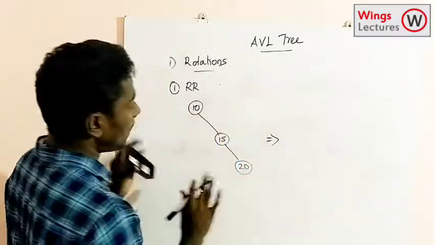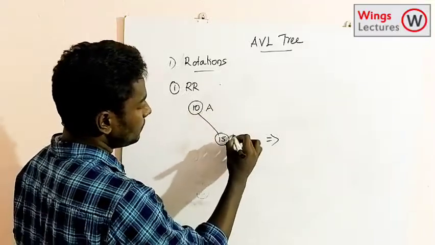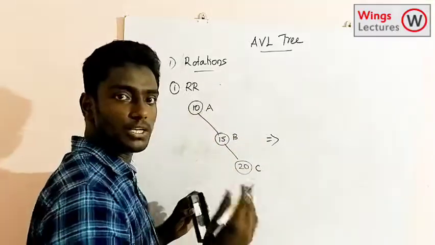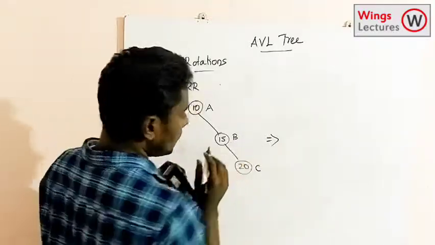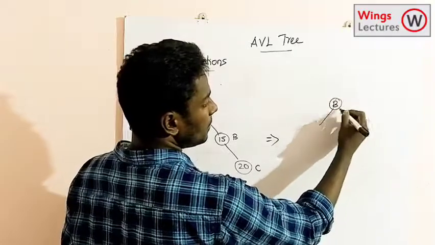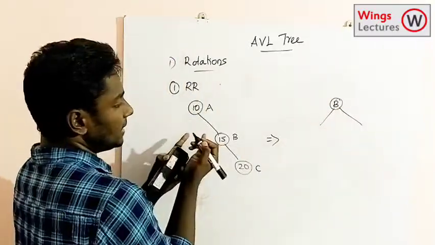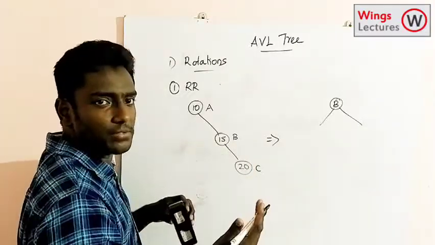Now again I am going to keep an alphabet letter for remembering how it's getting rotated. You have to bring B to the root, and now the B value is 15. From the value also you can identify the rotation.